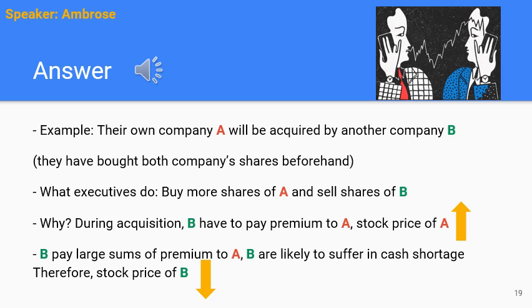On the other hand, since Company B has to pay large sums of premium to Company A, they are likely to suffer a cash shortage. Therefore, the stock price of B will decrease. In conclusion, company executives can buy more stocks of A and sell stocks of B in order to gain more profit with the help of the inside information.